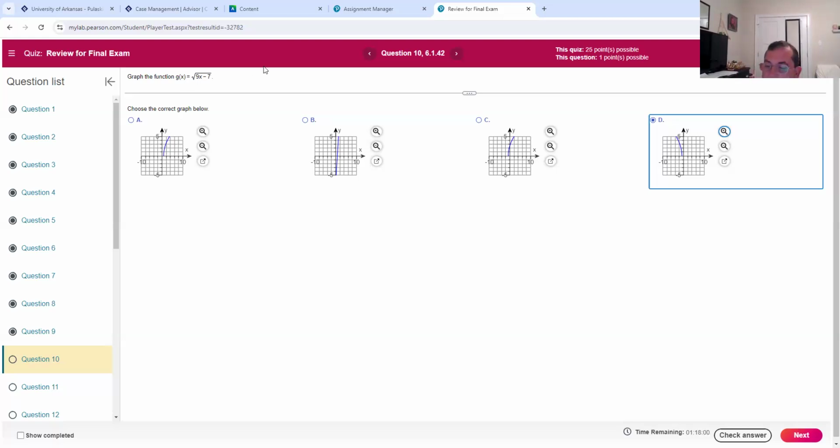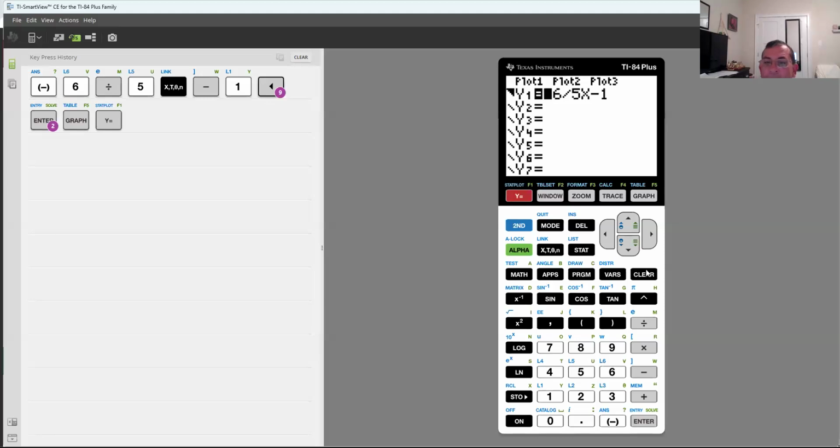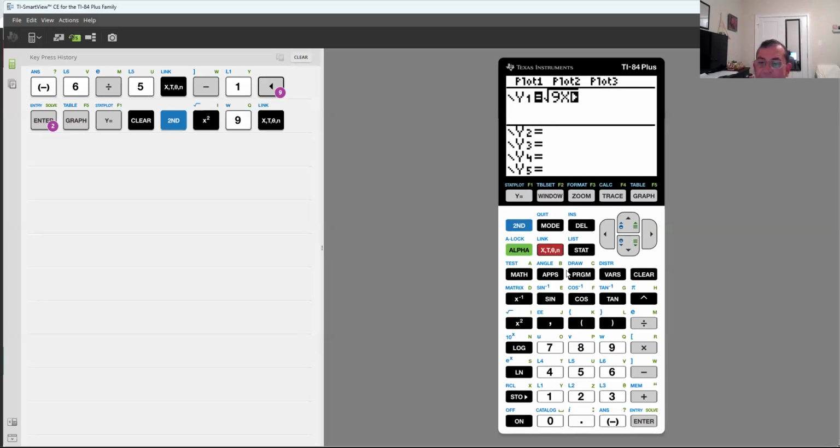All right, y'all, so going to the calculator. Going to go to y equals and clear this all out. All right, so square root, you hit second x squared. And then you put in your 9x minus 7. All right, y'all, so I've got my function in.